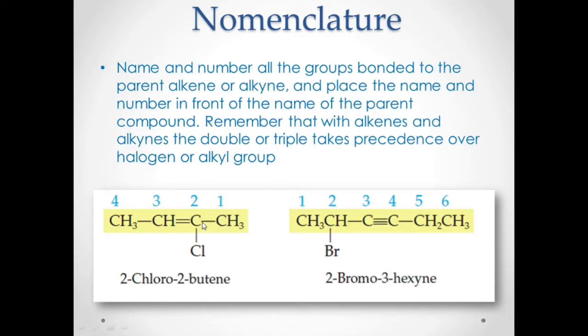So that means your priority for the lowest number should be the alkenes or alkynes, not the substituent, like if you have a halogen or alkyl group as your substituent. So for numbering this first example, you have 1, 2, 3, 4. That is correct.